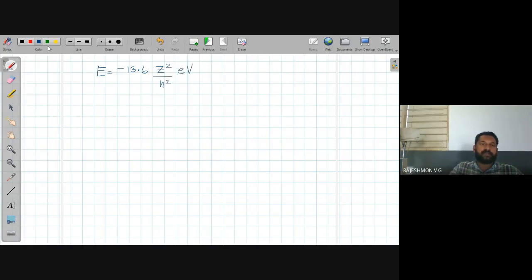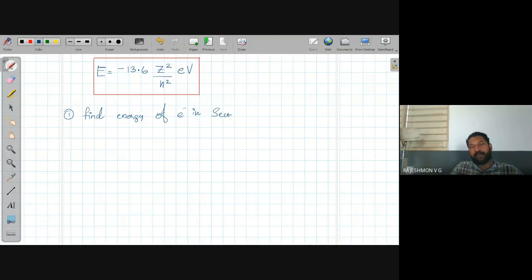This is the expression for energy that you can use. So you can calculate: find energy of electron in second orbit of hydrogen atom.